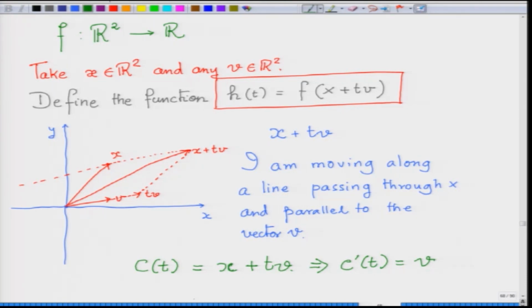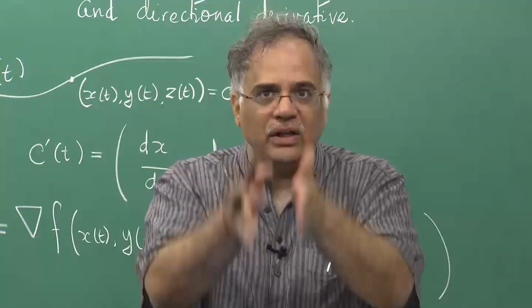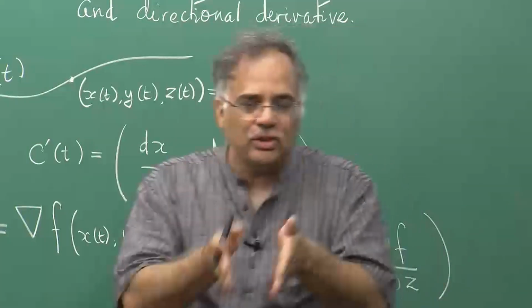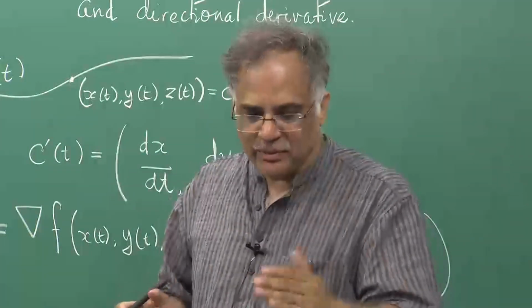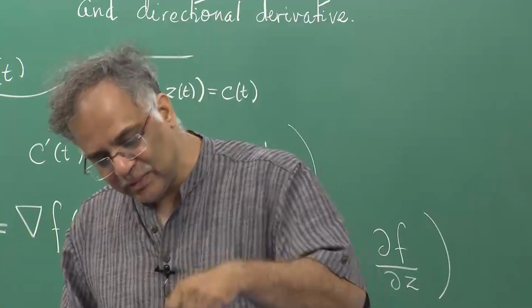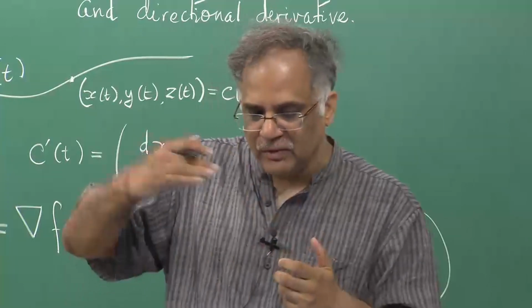So, what you are doing here, you are now going to ask how is the function changing at x, what is the instantaneous change of f at x. Just as we talk about instantaneous velocity of a particle at time t, we are talking about an instantaneous change of the function f at x, because as we move between x and x plus tv, the function value keeps on changing.